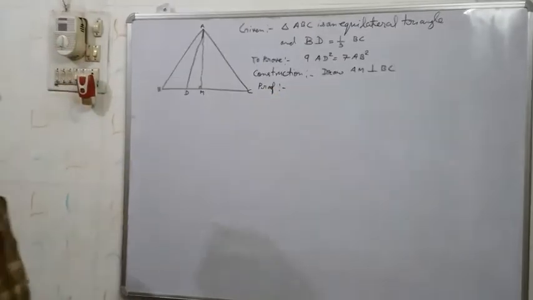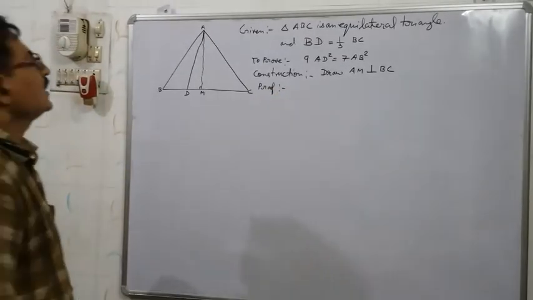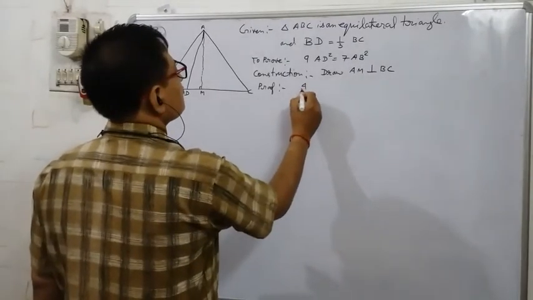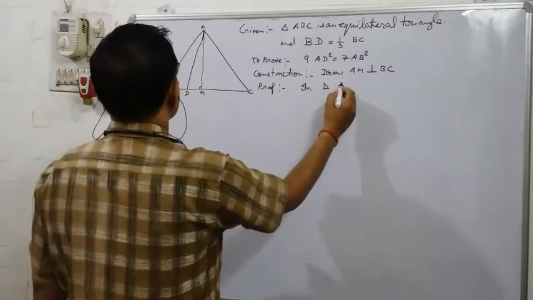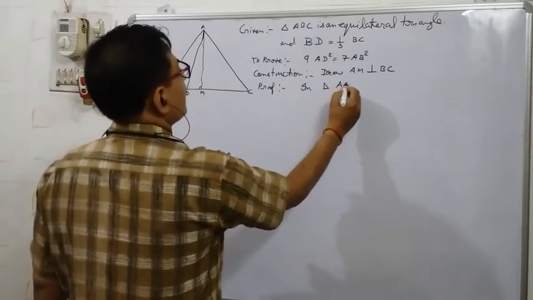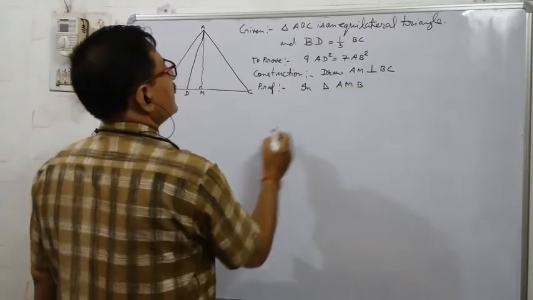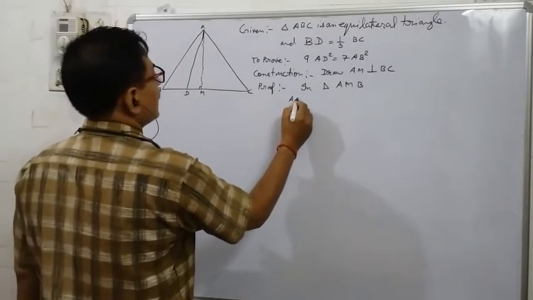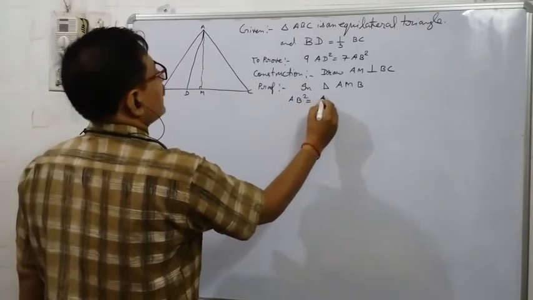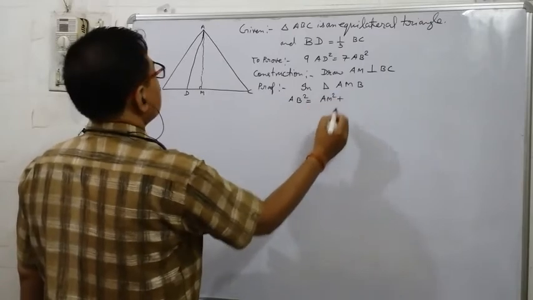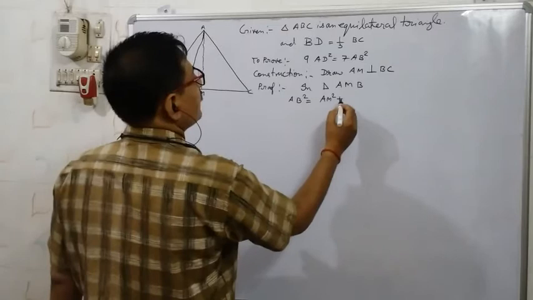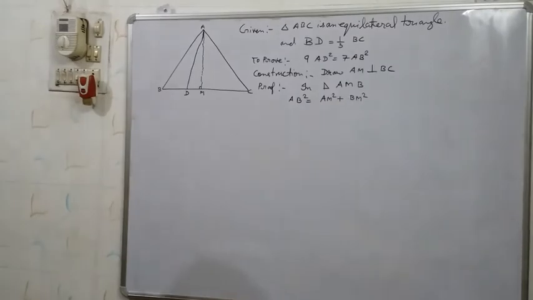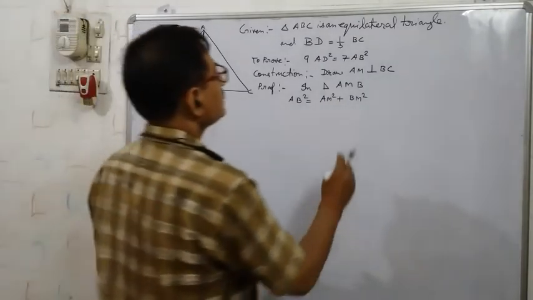First we'll take the triangle ABM. In triangle AMB, by Pythagoras theorem, what can we write? AB square equals AM square plus BM square.